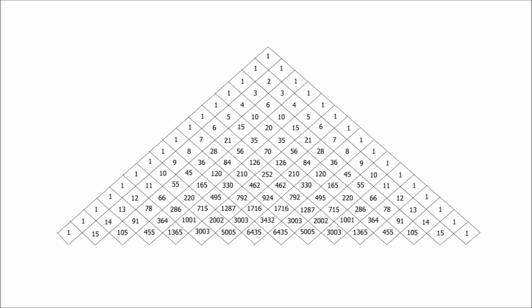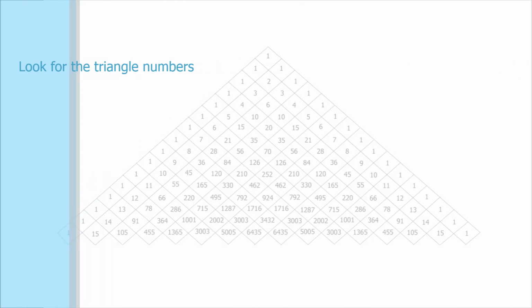So, having got our Pascal's triangle and deciding that we're happy that we haven't made any mistakes, the next thing to do is to start playing with it. What we could do is look for number patterns within the triangle itself. So one pattern that you might have noticed is the triangle numbers or the triangular numbers.